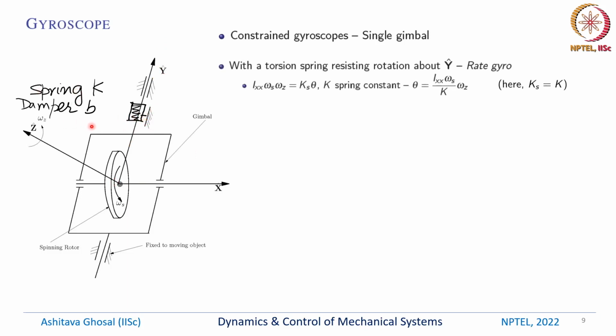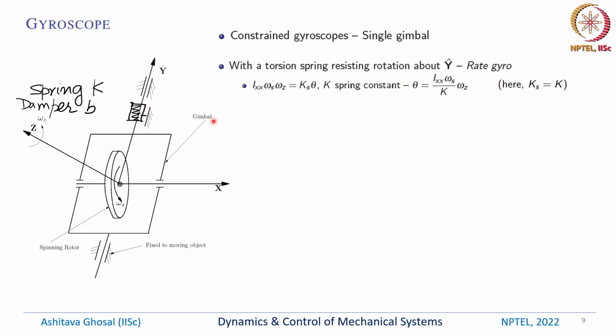We can also have a gyroscope where the motion about the y-axis is constrained by a spring or a damper. Okay, so this is a single gimbal configuration. These are called constrained gyroscopes. So basically this disc is spinning about the x-axis, but for the motion about the y-axis, there is a spring K and a damper. So with a torsion spring resisting the motion about this y-axis, these are called rate gyros.